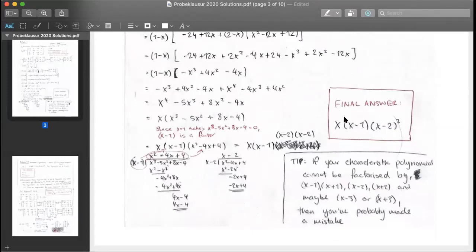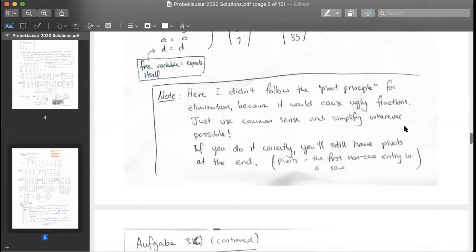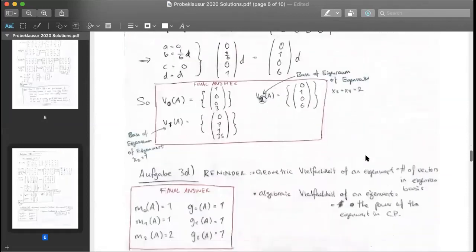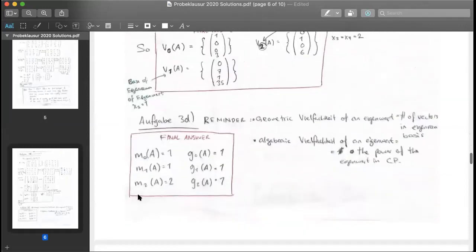So the algebraic multiplicity for x equals 0 is going to be 1. The algebraic multiplicity for eigenvalue 1 is going to be 1 as well. But the algebraic multiplicity of the eigenvalue 2 is going to be 2 because its factor appears twice in the characteristic polynomial. So that's the algebraic, all right? So 1 for 0, 1 for 1, and twice for the eigenvalue 2.